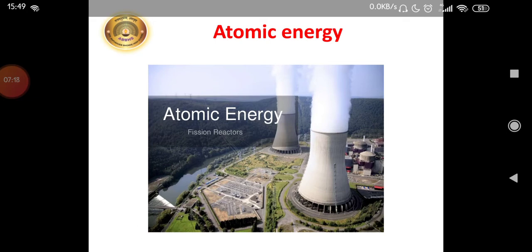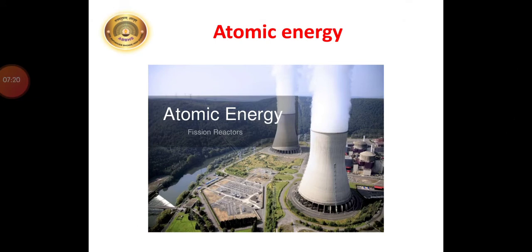Next form of energy is atomic energy. When heavy elements like uranium break into parts, large atomic energy is generated. Observe the picture of an atomic energy plant. In this way, they are generating atomic energy.